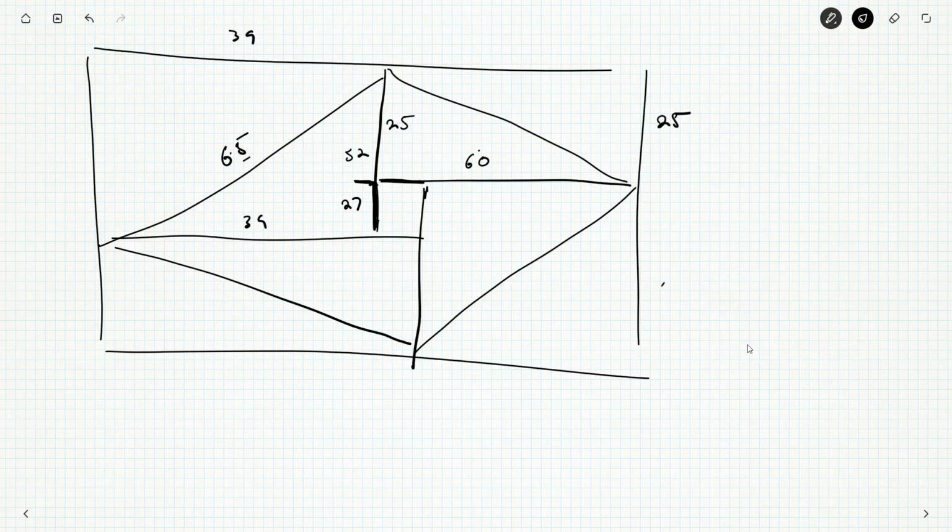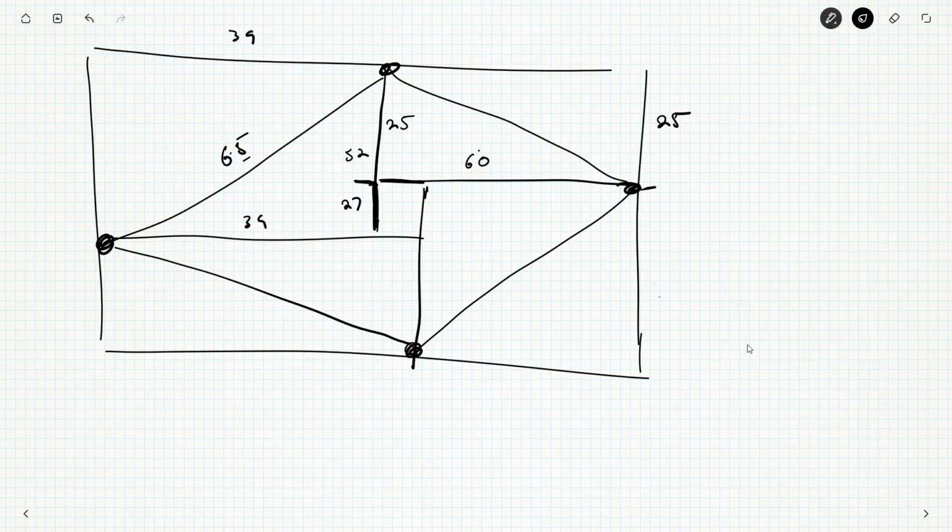I really feel like this is 52, this length here, but I can't prove that. And while on a grade 9 contest, people will probably use that without thinking, and it probably is true, I can't in good conscience do it without proving it. So I'm going to leave it as is.